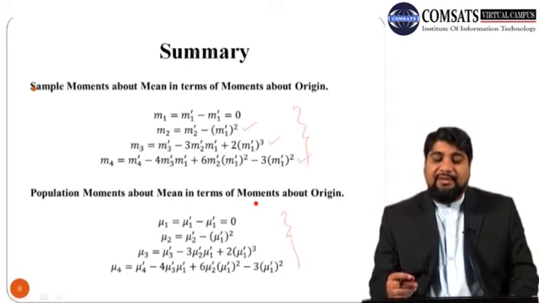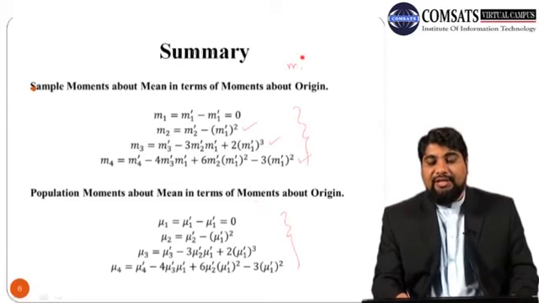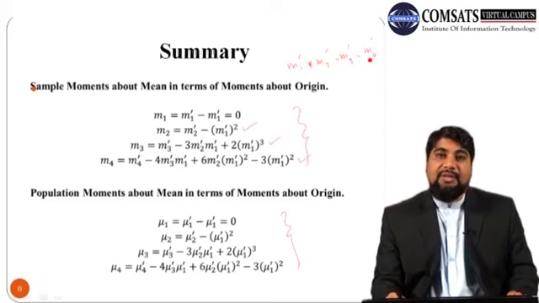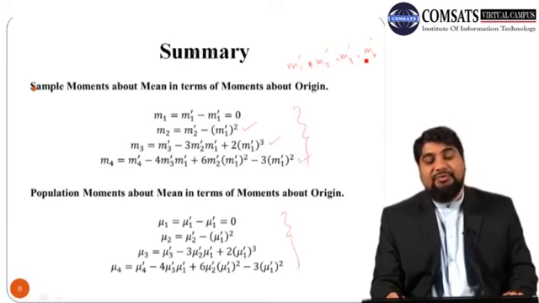Suppose in a question you are provided with the values of m1', m2', m3', and m4'. From these four moments, the question is to calculate m1, m2, m3, and m4.